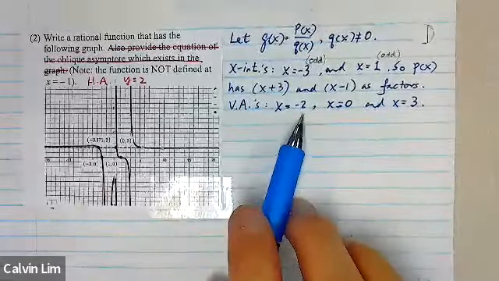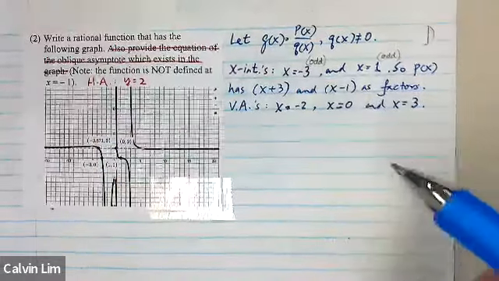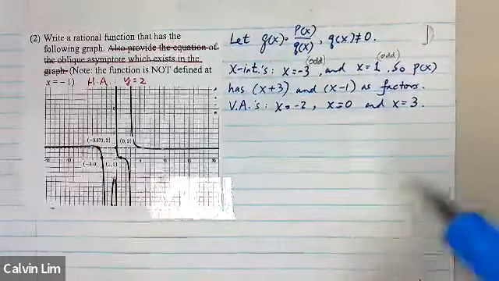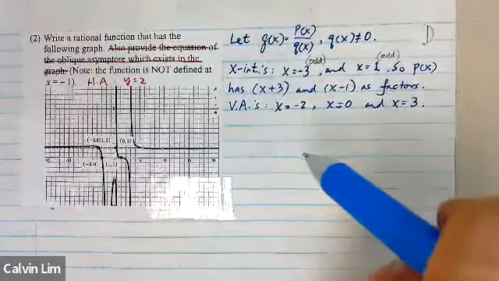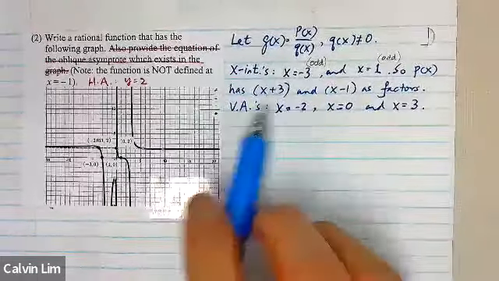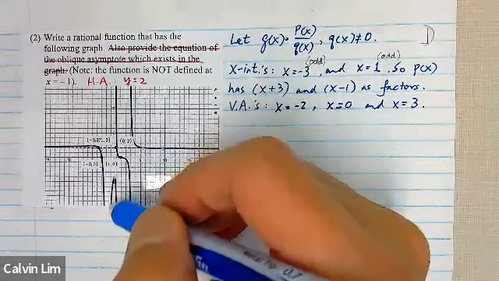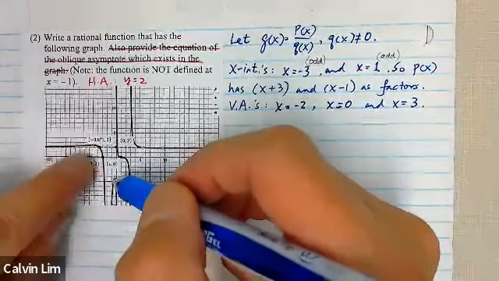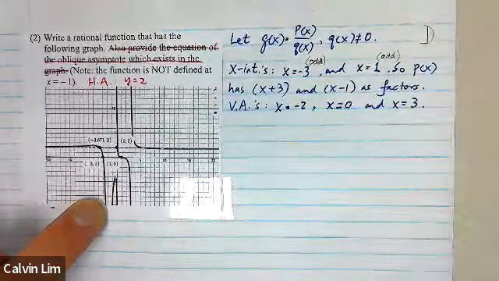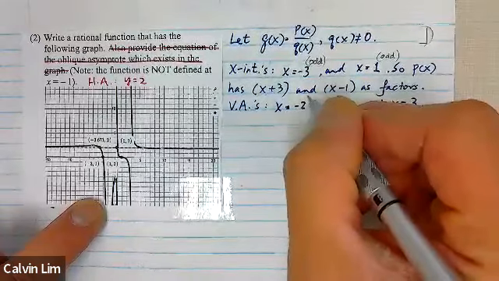And with respect to the vertical asymptote, the behavior of the graph around the vertical asymptote also tells us about the multiplicity of that factor. With respect to -2, the graph grows in opposite or same direction? Same direction, right? Going down, same direction. So what should the multiplicity associated with this be? Odd or even? Even.